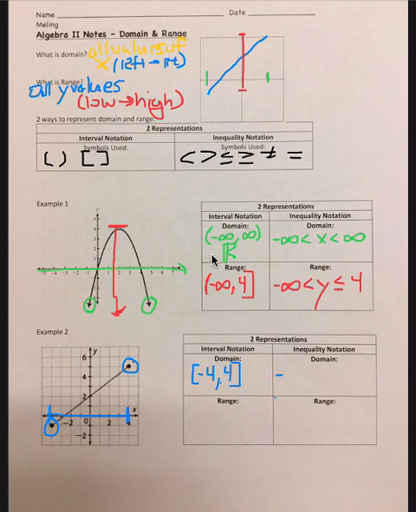So in inequality notation we say -4 less than or equal to x less than or equal to +4. When we look at our range, we start low and go up to high. So we can see we start at -1 and it goes all the way up to 5. And they're both closed. So then you'd say -1 less than or equal to y less than or equal to 5. So those are our first two examples.